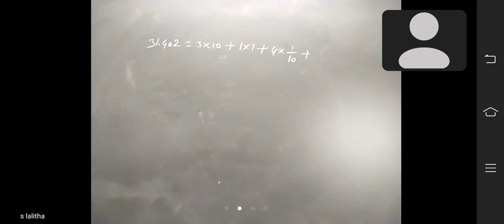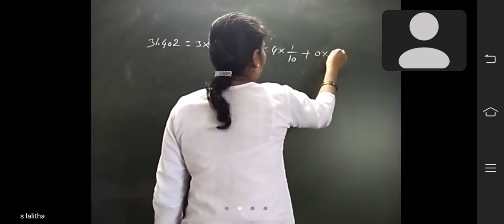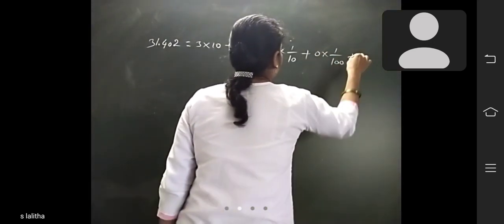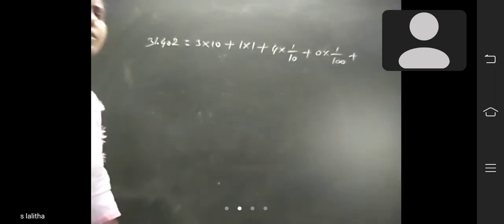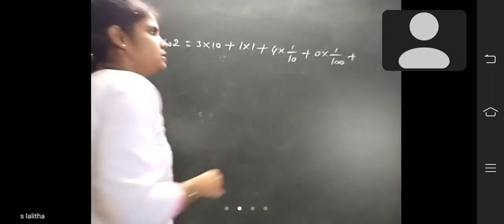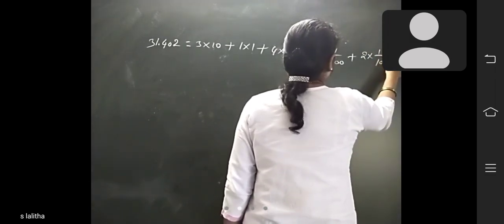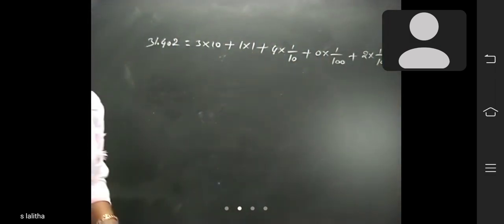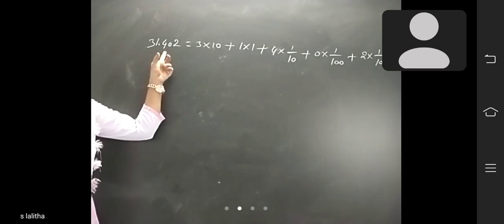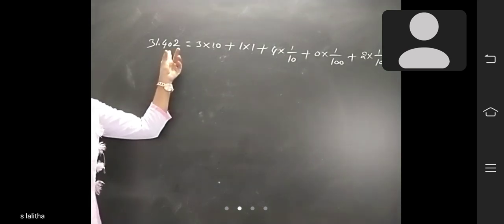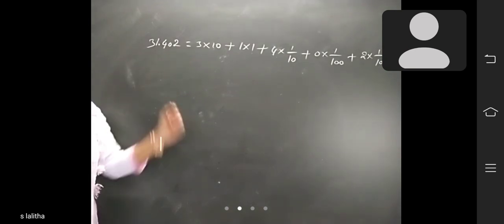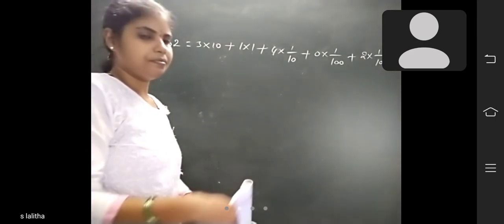Hundredths place. So 0 into 1 by 100, plus 2. 2 is in which place? Thousandths place. So 2 into 1 by 1000. So after the decimal point the places are tenths, hundredths, thousandths. Did you understand now?